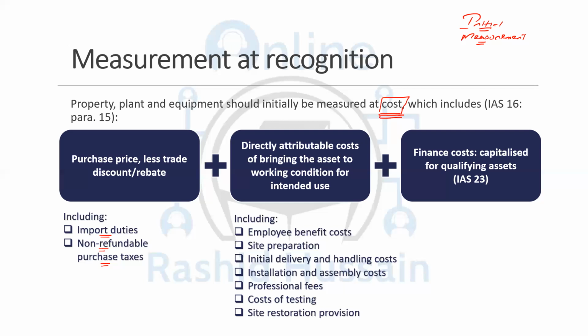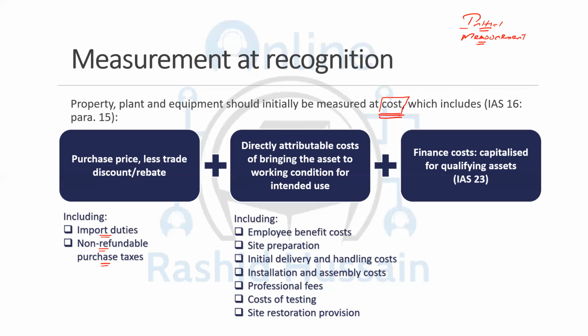So purchase price, including the import duties and including the non-refundable taxes. In addition to that, you will have directly attributable costs of bringing the asset to working condition. For example, I bought machinery from, let's assume, China, and I'm bringing it to my country.